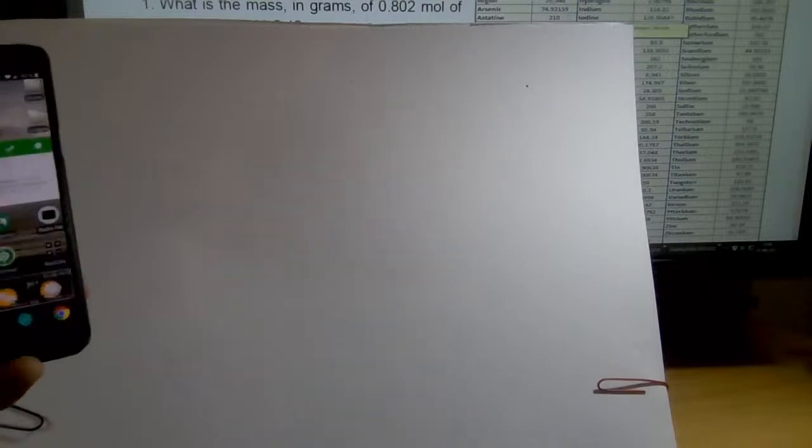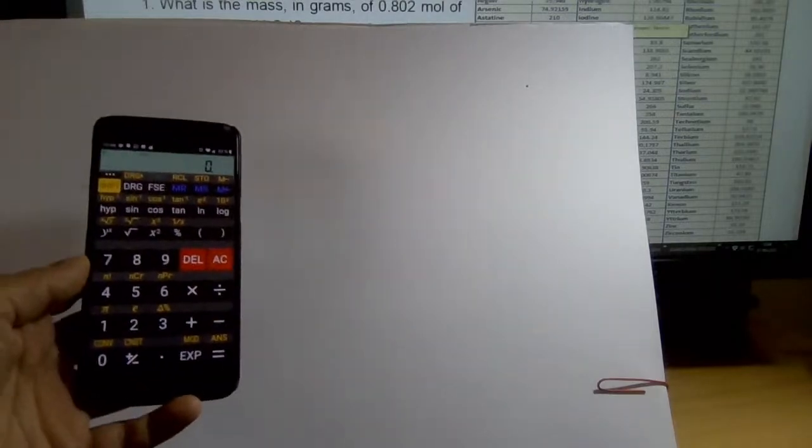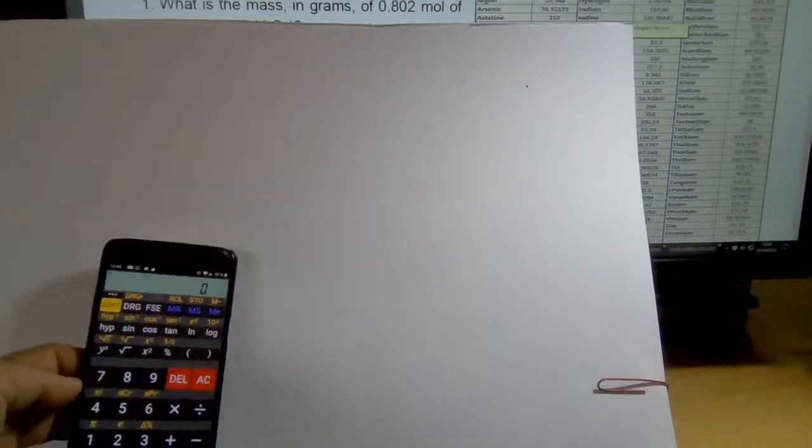Let's go with our second set of activities review, chemical reactions problems. So today I sent, a couple of hours ago, the second activity. I ask you to have your calculator ready. Okay, we're going to need it.